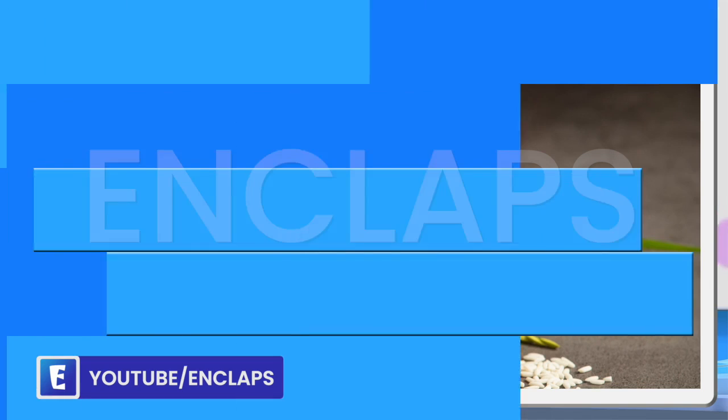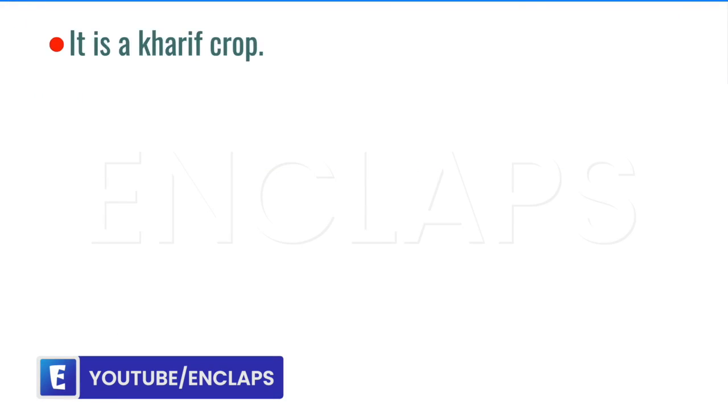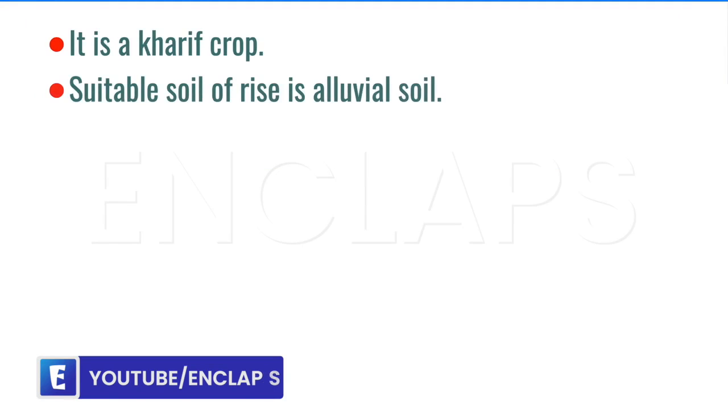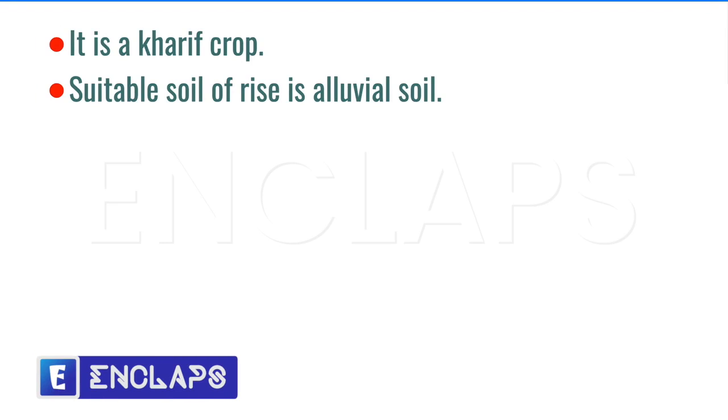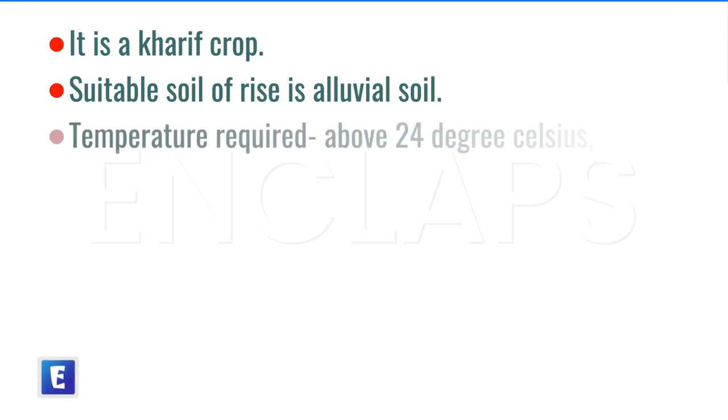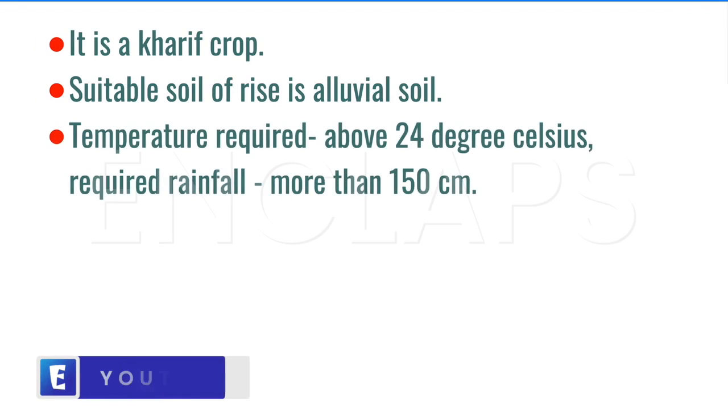Then, first of all, we discuss the food crop rice. Rice is a Kharif crop, as you know. The suitable soil for rice is alluvial soil, the temperature required is about 24 degrees Celsius, and the required rainfall is more than 150 centimeters.